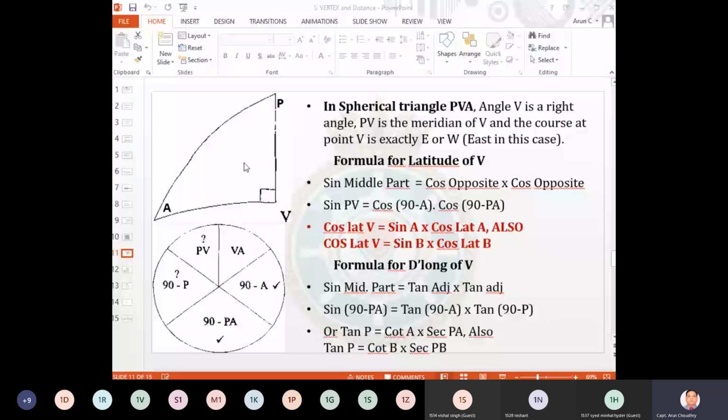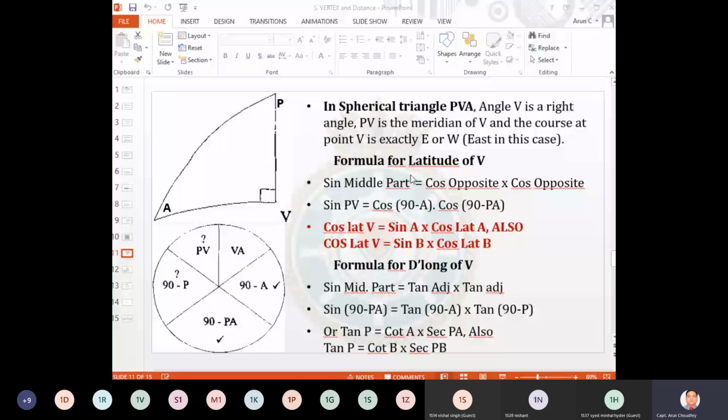If we take the other side of the great circle into account, we can make another triangle, and then this angle will be 90 degrees, and accordingly we can name it differently. Now there are two formulas, just remember them. You can write them down in your navigation notebook.